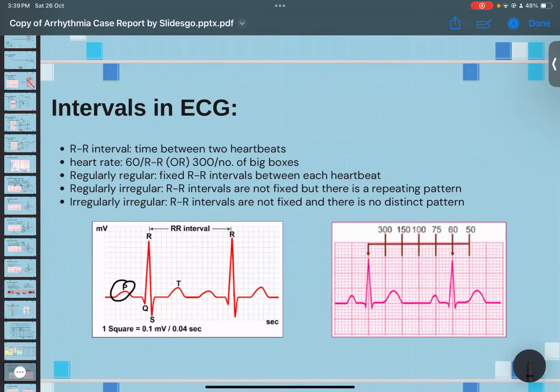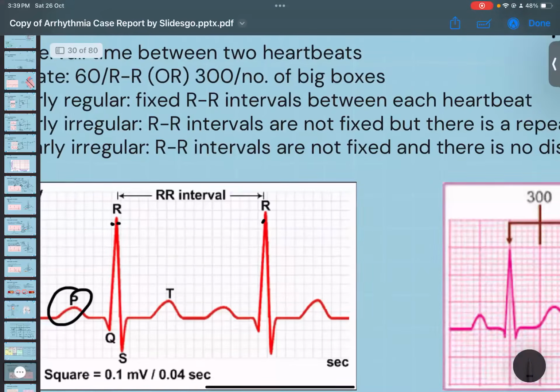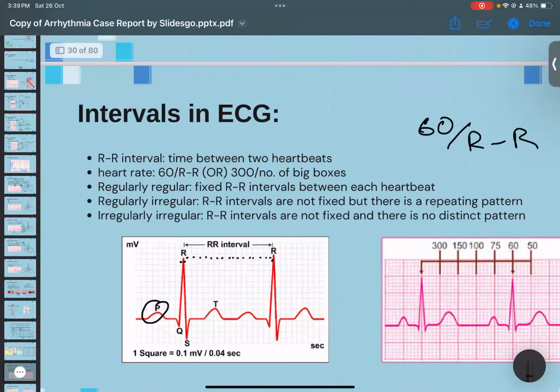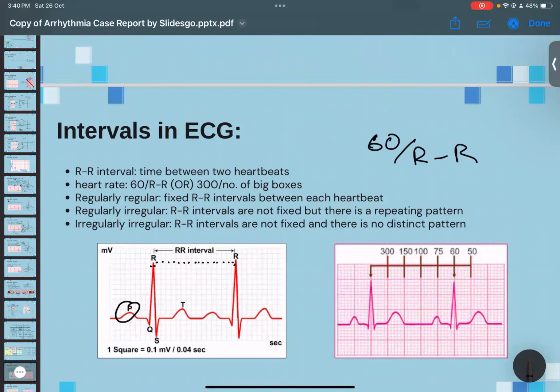You check the interval between each R wave, and then you do 60 divided by the RR interval. For example, this one here: 1, 2, 3, 4, 5, 6, 7, 8, 9, 10, 11, 12, 13, 14, 15 big boxes. I'm not going to calculate that.